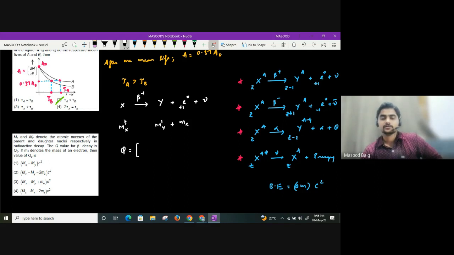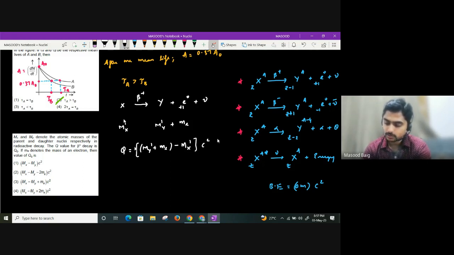And if energy is absorbed, then mass of reactants will be less than mass of products, guys. So let us take whatever the situation is. So here, what is mass defect now? I can take it as m y dash plus me minus mx dash, and I'll write it into c square. Clear?